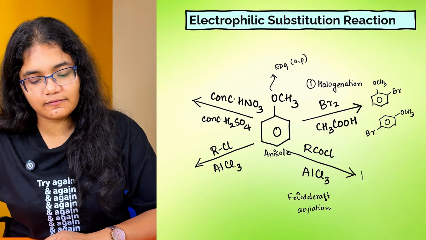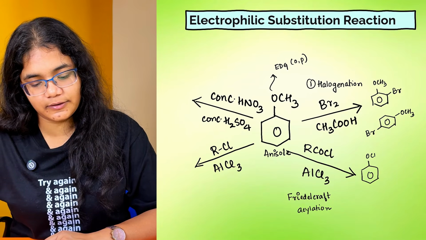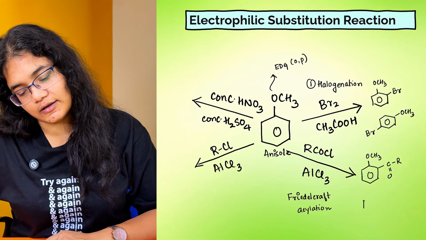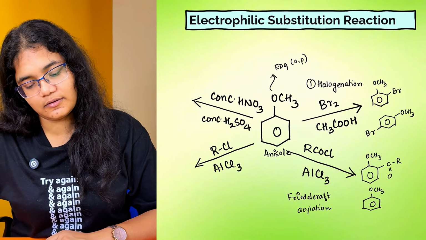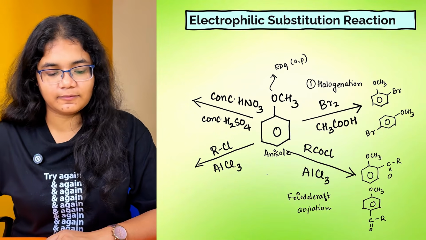So that one will add here OCH3 and this one will add COR at the ortho position, and here you will have OCH3 and you will add COR at the para position.